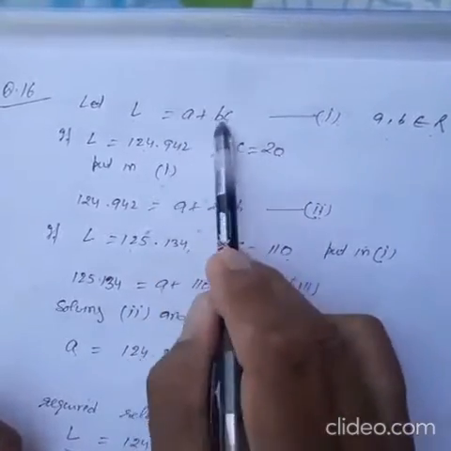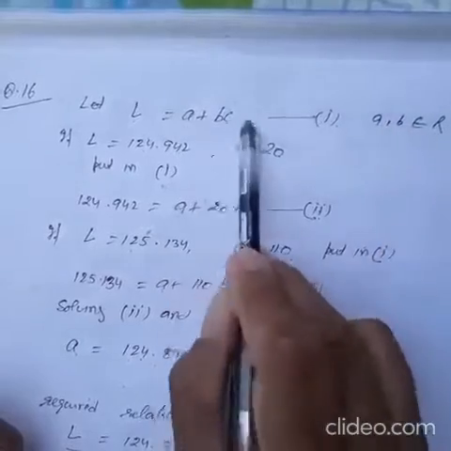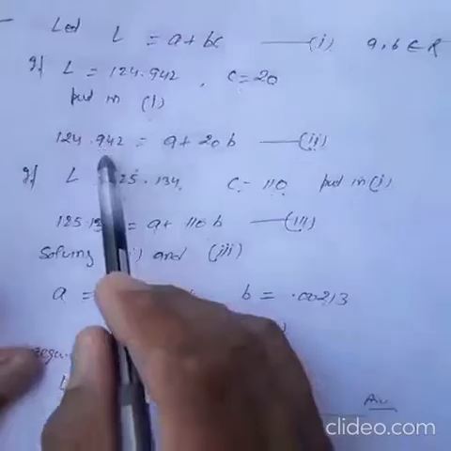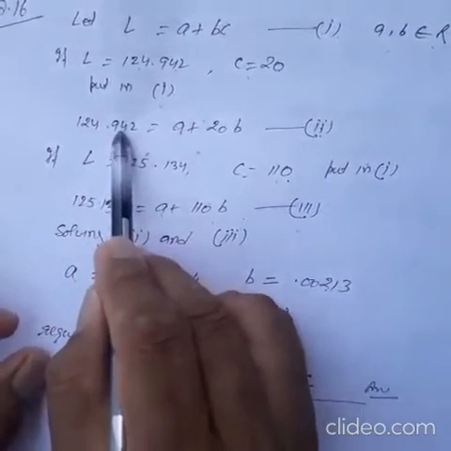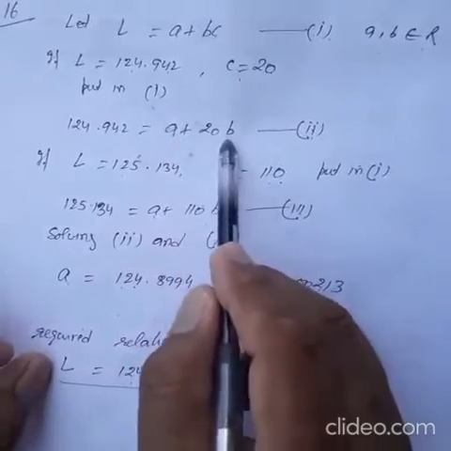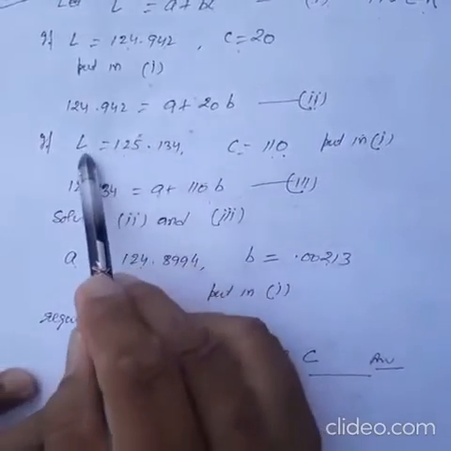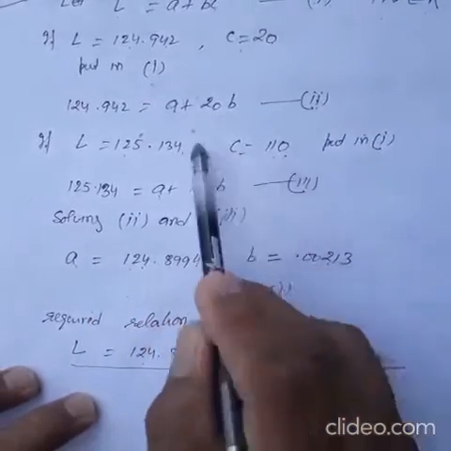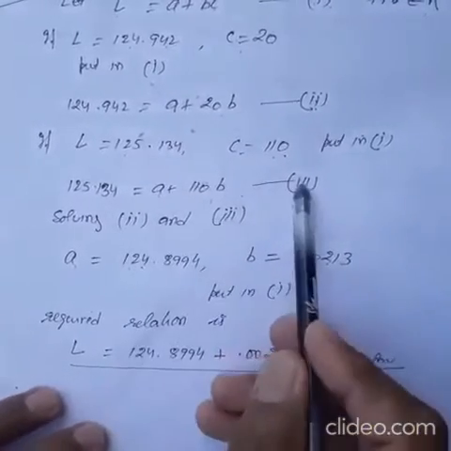In this relation, a and b are real numbers, and we want to calculate a and b to find the relation. So put the values of L and C and you will get an equation: 124.942 is equal to a plus 20b. Let this be the second equation. Similarly, we are given in the statement that when L is 125.134, C is 110. Put these in and you'll get another equation, let it be number 3.